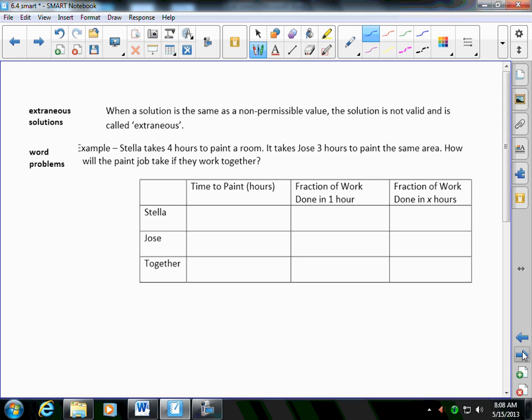So what we're going to do is we're going to say let x equal the time in hours it will take for both Stella and Jose to paint together.